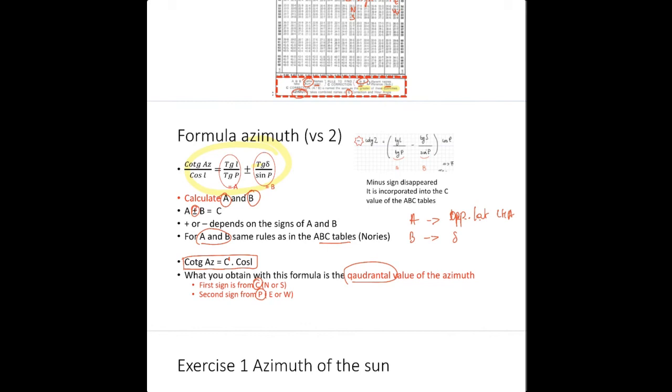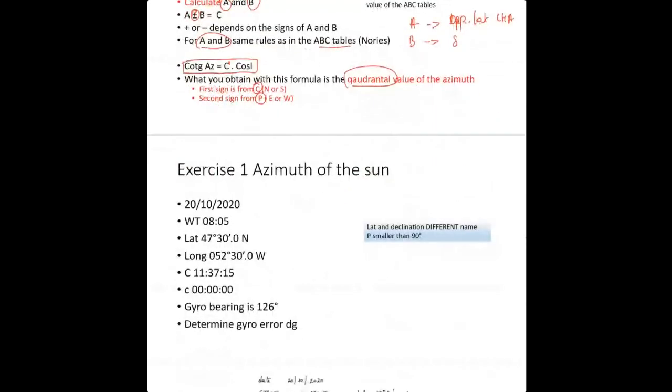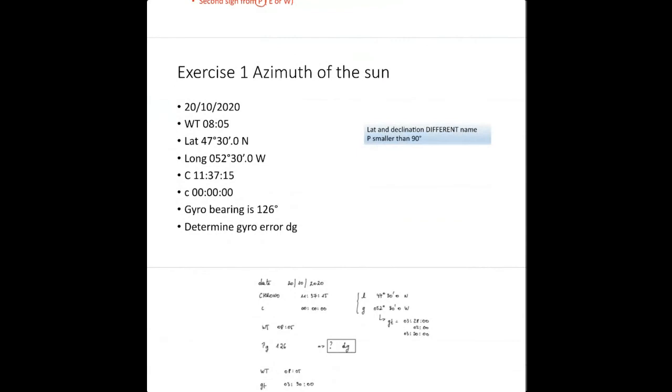Voilà. So now I'll try to demonstrate what we have learned so far by doing an exercise. The first exercise is on the 20th of October 2020, where we do an observation. We take an azimuth of the sun.